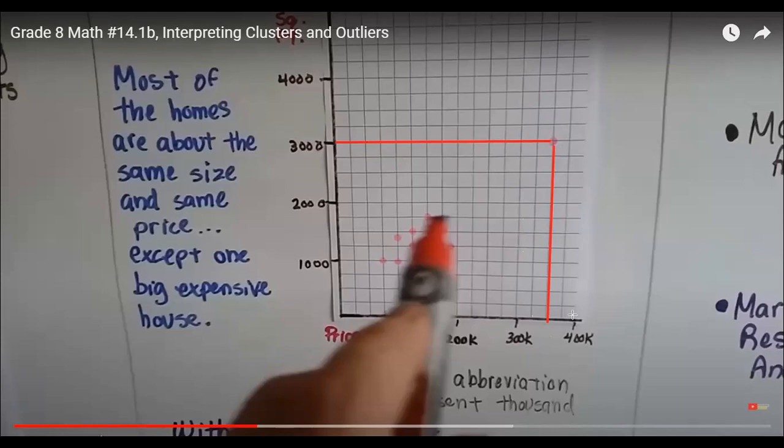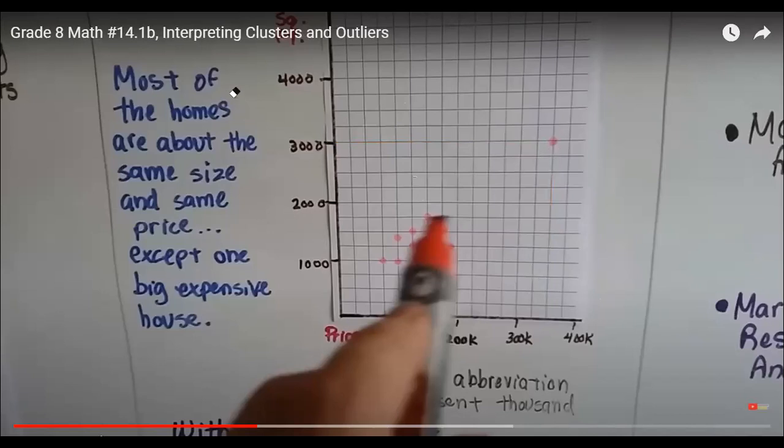The price for this house will be 350,000. And what is the height for this house? How will you find the height? 3,000. If you look at the vertical axis. How will you find the price? You will look at the horizontal axis. Then you will find the outlier.